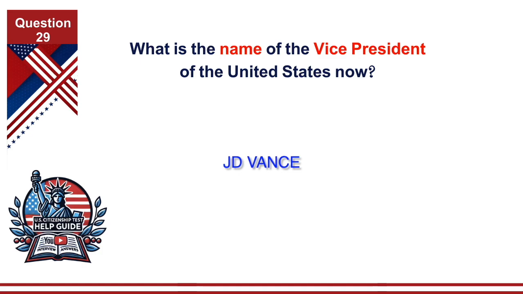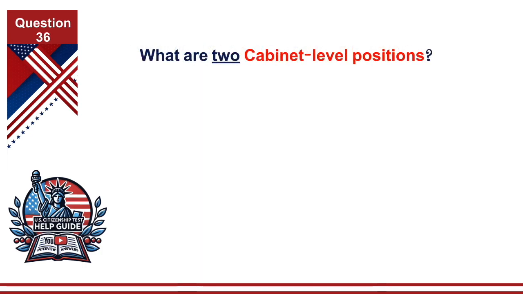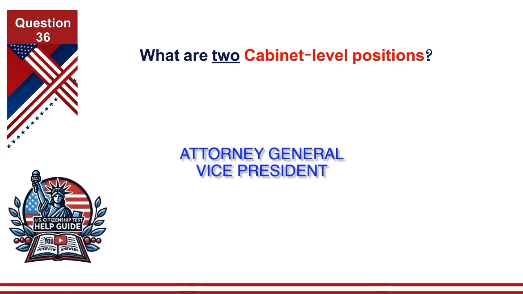J.D. Vance. What are two cabinet-level positions? Attorney General. Vice President.